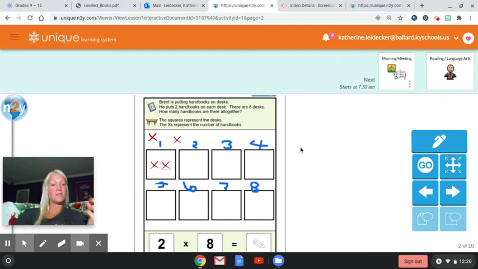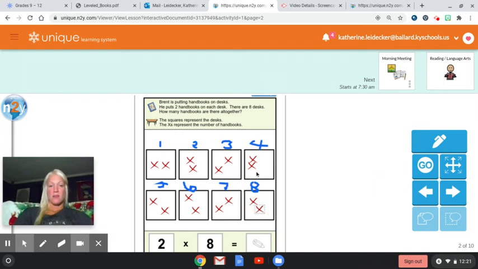So 2 handouts per desk. 1, 2. 1, 2. So using all the desks, all 8 desks, put 2 X's in each box because that represents the number of handouts.